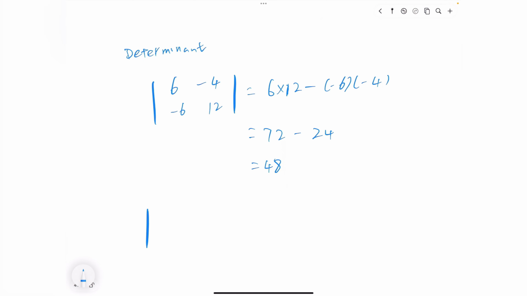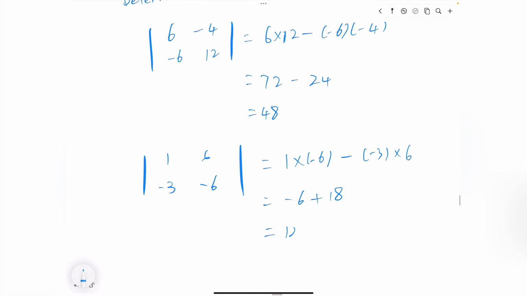Another example is 1, 6, -3, -6. We'll have 1 times -6 minus -3 times 6. That's -6 plus 18 equals 12.